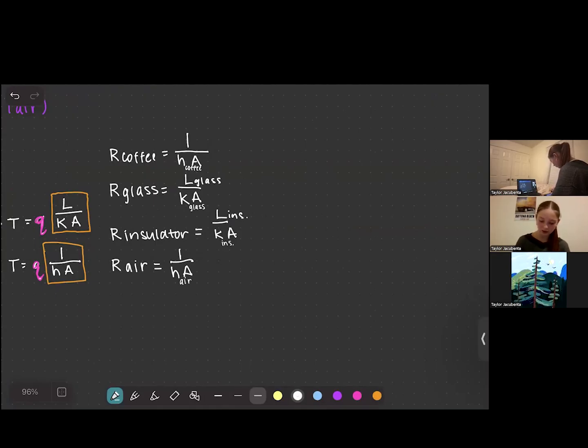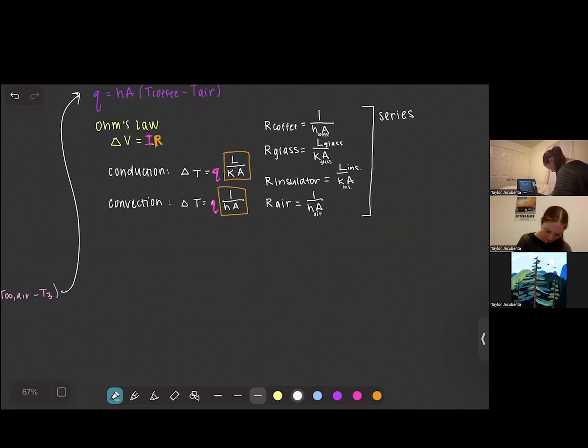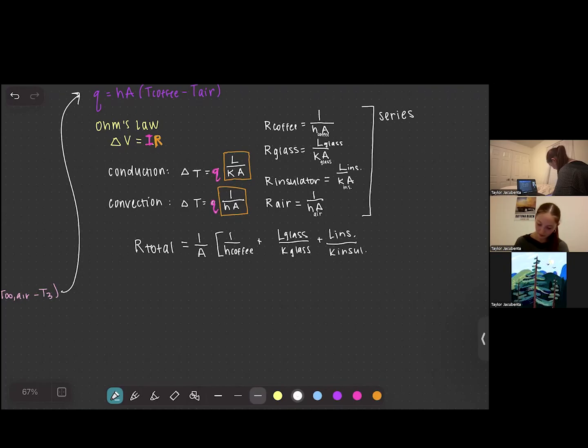And then these are all in series. So using Ohm's law, what we can say is the total resistance is going to be equal to, and then we'll factor out, all of them have the same area, 1 over the h of the coffee plus the length of the glass over the thermal conductivity of the glass plus the length of the insulator over the thermal conductivity of the insulator plus the resistance for air, which is 1 over the h of the air, like so.